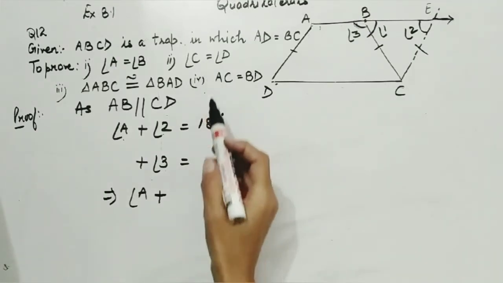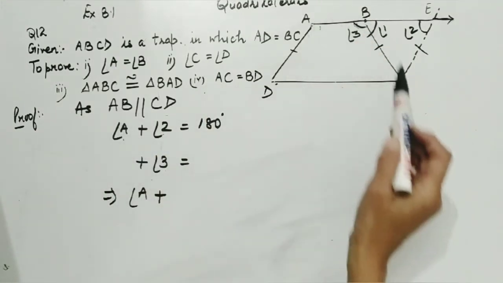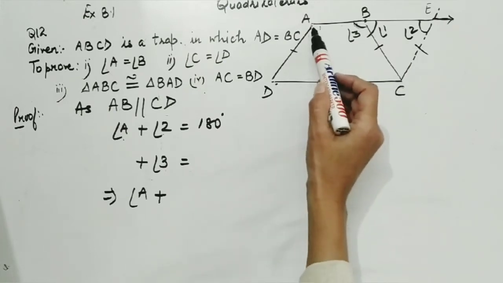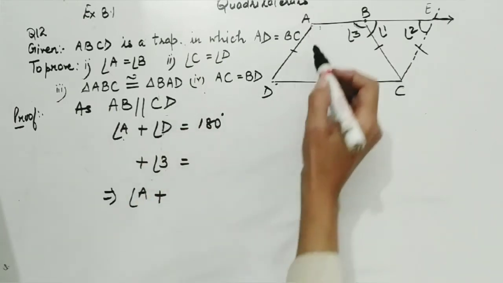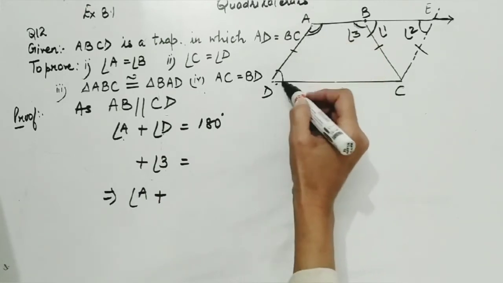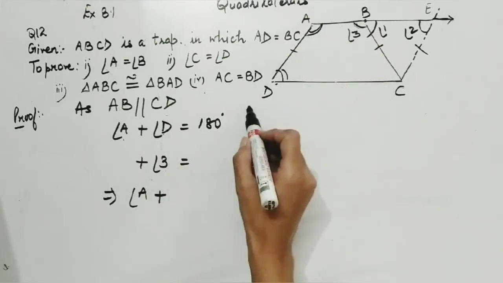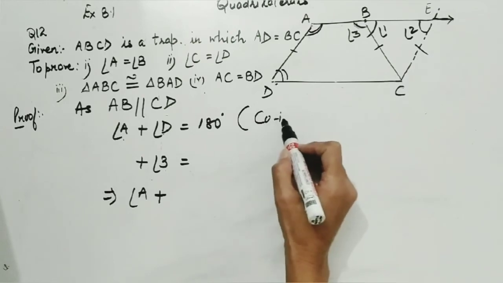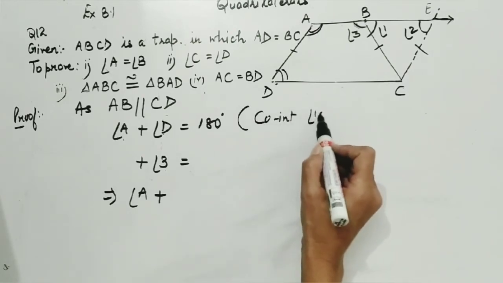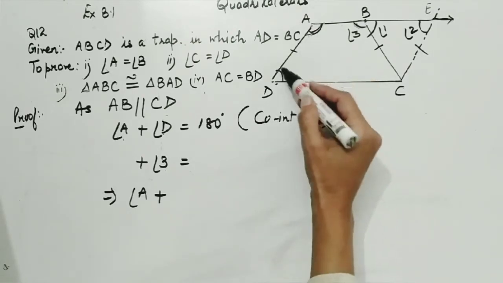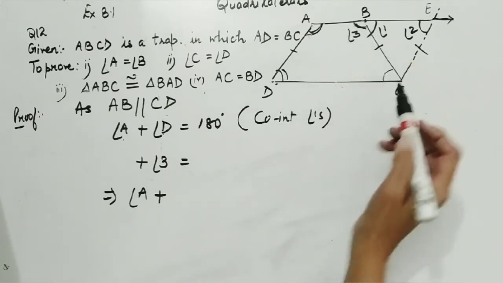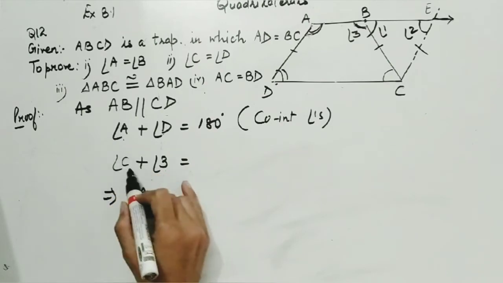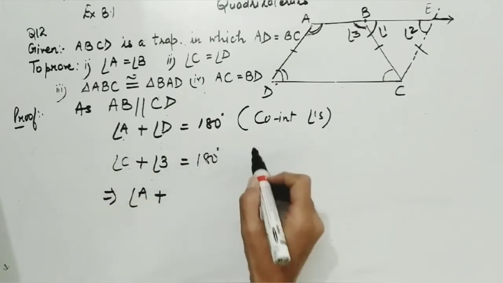For second part, observe this. As AB is parallel to CD and angle A and angle D, these two, A and D must be adding up to 180. Which angles? They are co-interior angles. Co-interior angles are supplementary. Same way, angle 3 and angle C. C and 3 would also add up to 180.